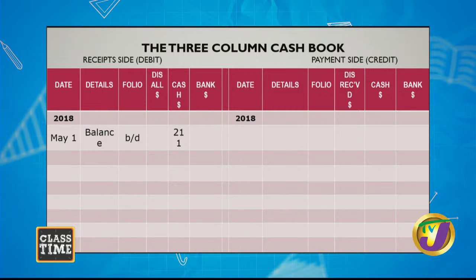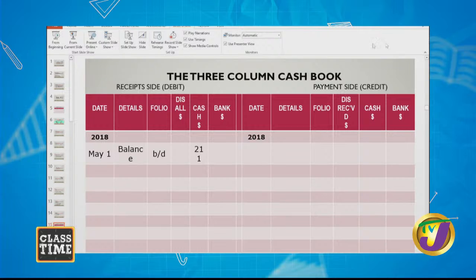Bank balance is $3,080. We had the question set before on a slide, but you can refer to the flip chart that's to my right for figures. So May 1, we have balance BD of $211, and then there's a bank figure for balance of $3,080.